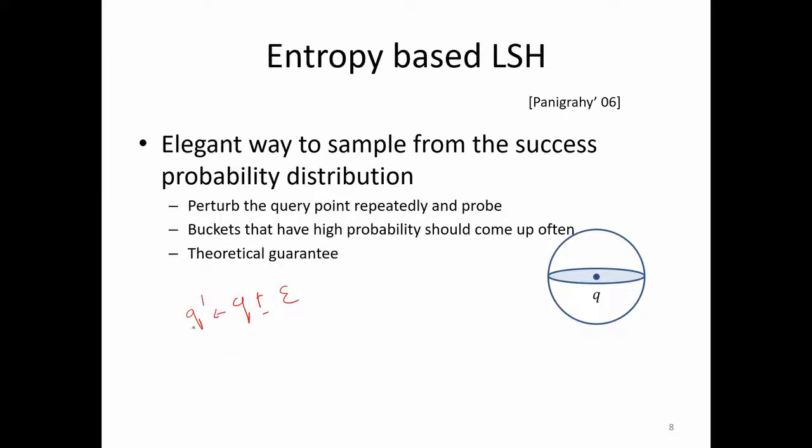Then you hash this q dashed, and it will go to some hash bucket. You do this repeatedly, generating a random perturbation vector each time.